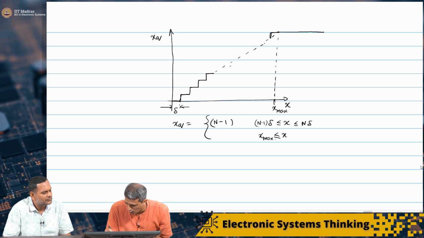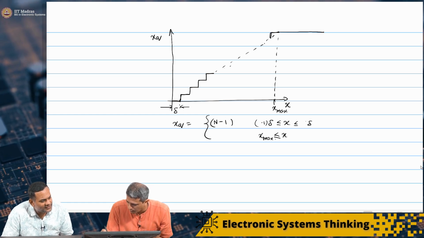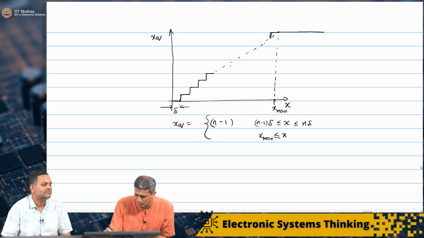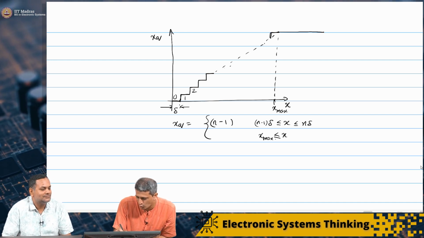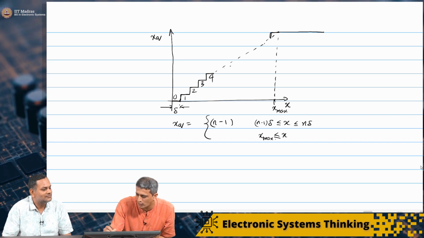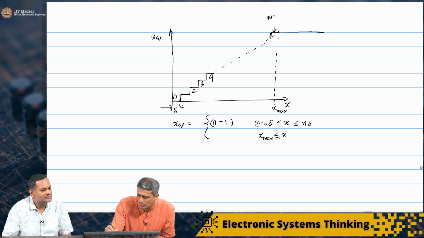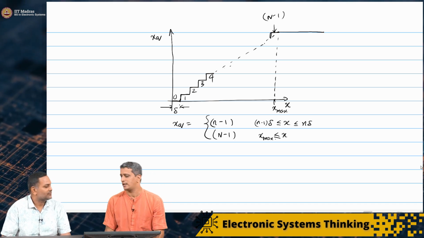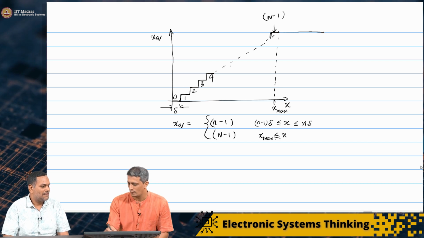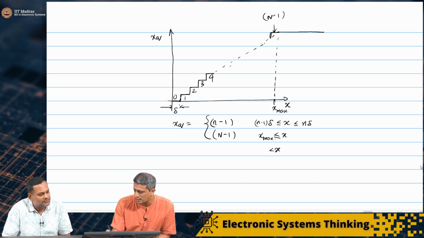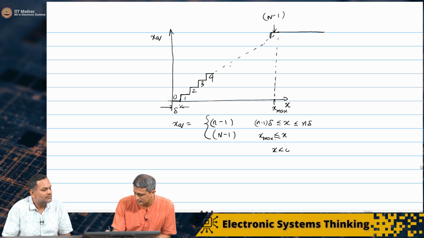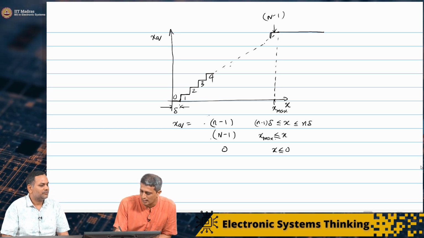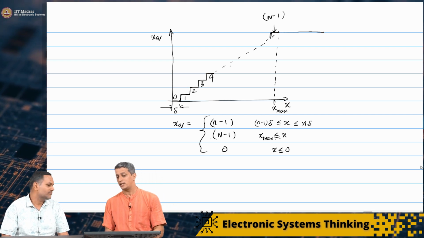Maybe I should not use capital N here, let me use small n, because I want 0, 1, 2, 3, 4 all the way to n minus 1. And if x happens to be less than 0, it will simply be 0. This is the mathematical function that we want to implement.